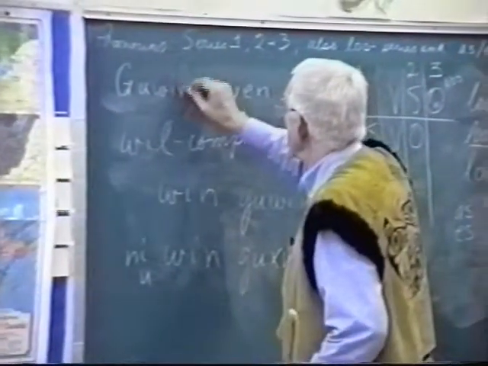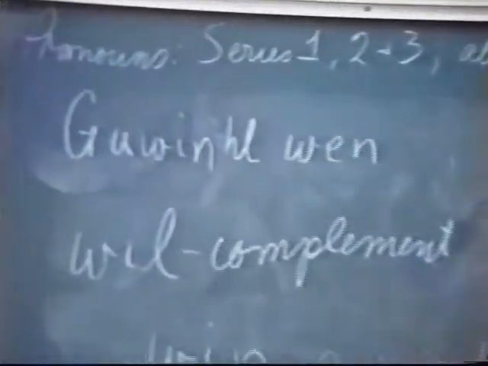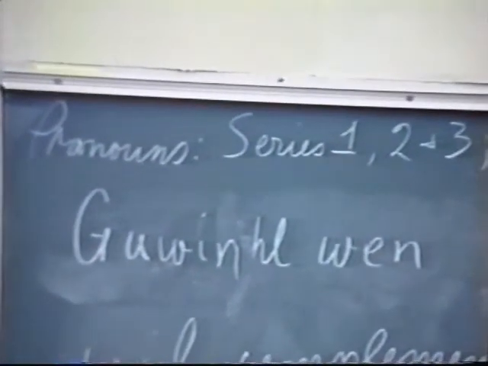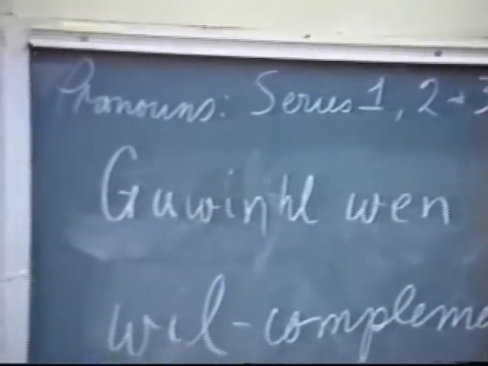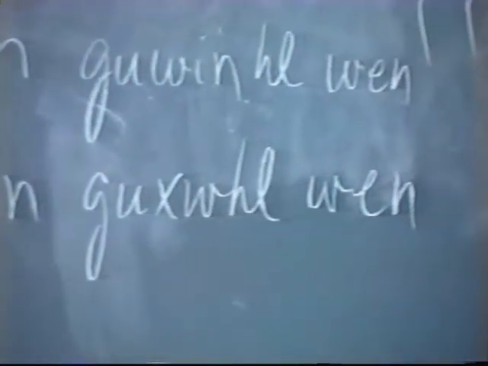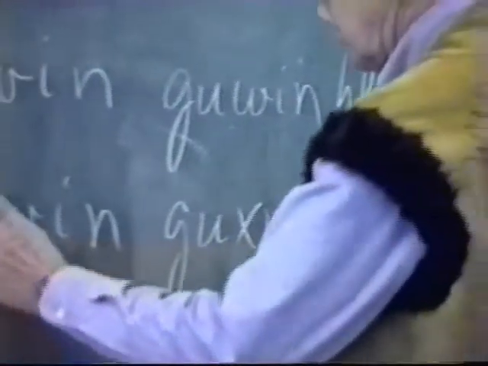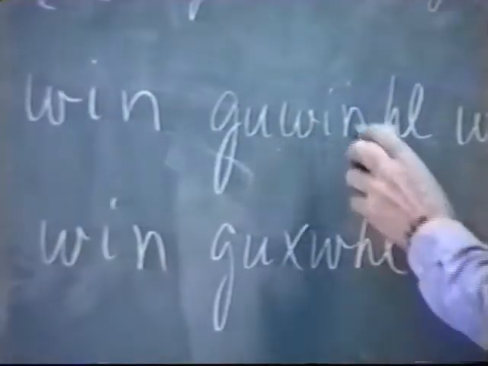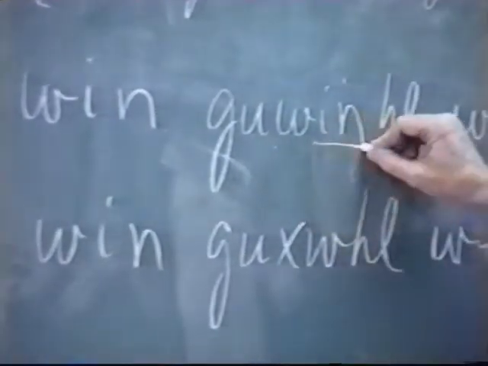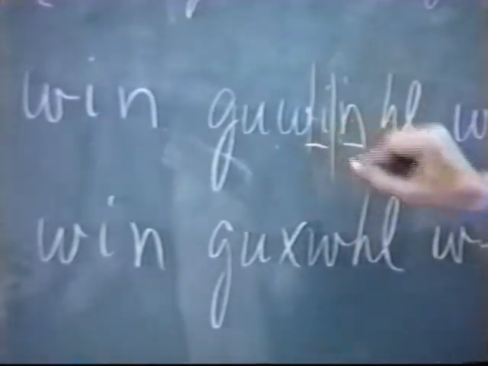Okay, now you shot a deer. Can we say Wingu and Schwen? Again, no. You need to shift from independent order into the dependent order. In this case, we have the transitive.